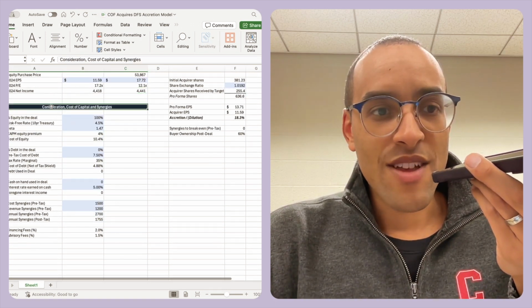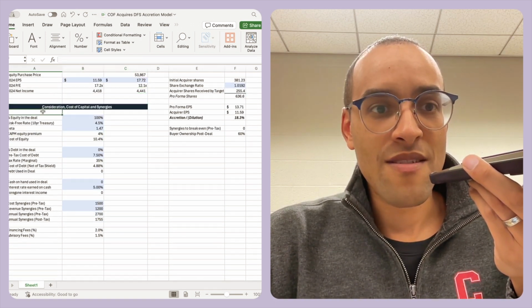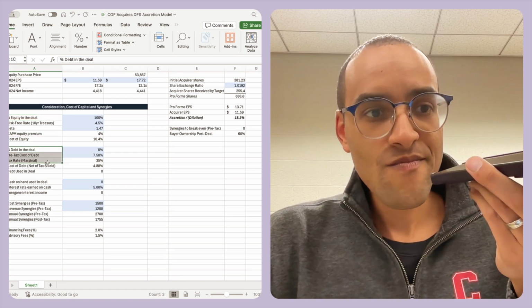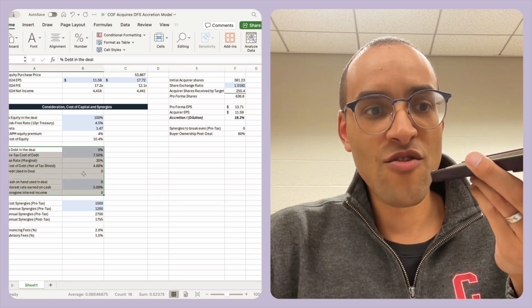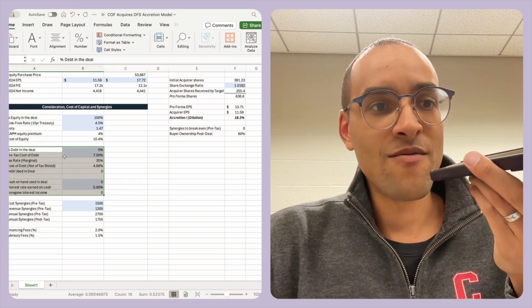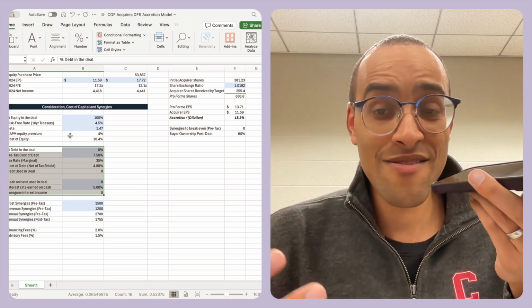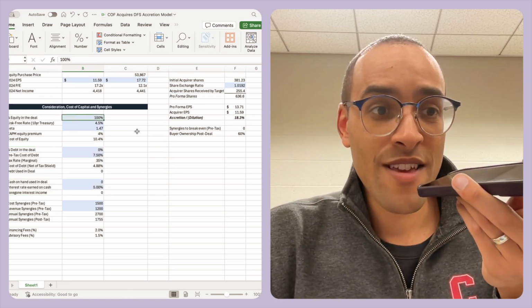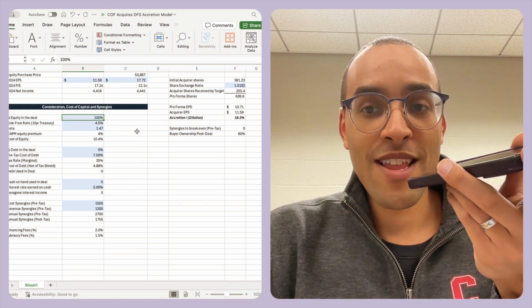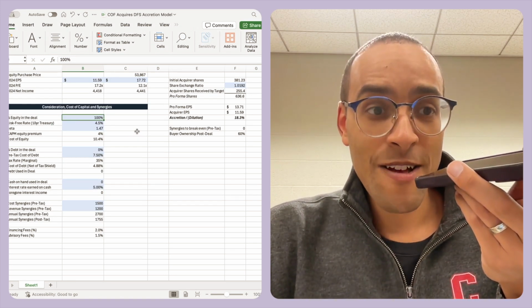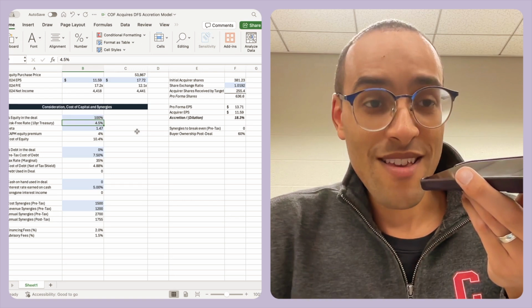Let's now look at the second section, the assumptions section. We're going to ignore the middle section where there's debt and cash considerations, because this is an all-stock deal, which really simplifies things for us. I'm assuming 100% of the deal is paid with equity, and that was stated in the press release.